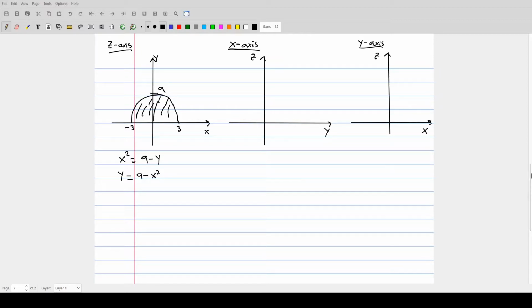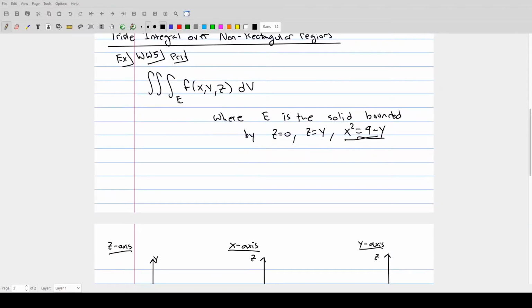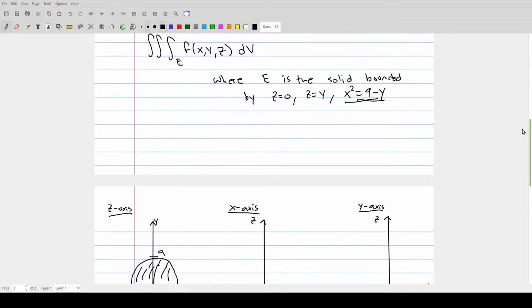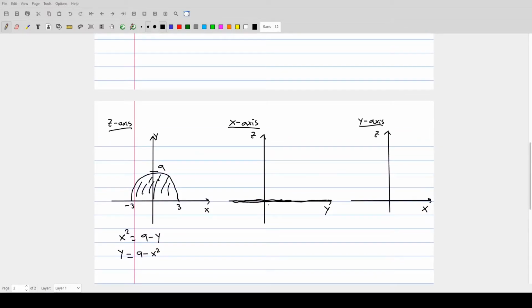Likewise, we want to look at what it looks like along the x-axis, or in the zy plane. The relationship between z and y is given by these two equations. z equals 0, that's the first big boundary equation. And the second boundary equation is that z equals y, which is exactly a line in the zy plane.